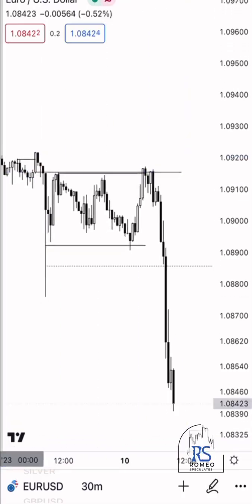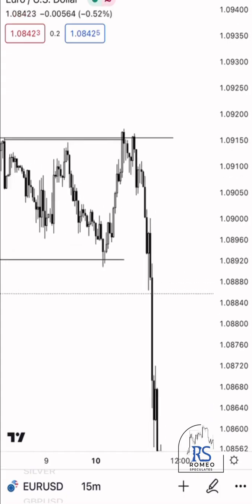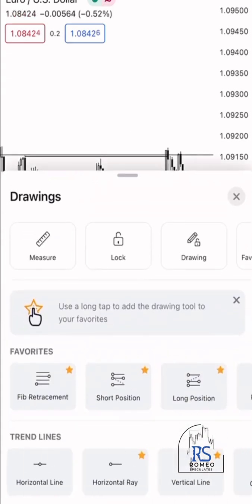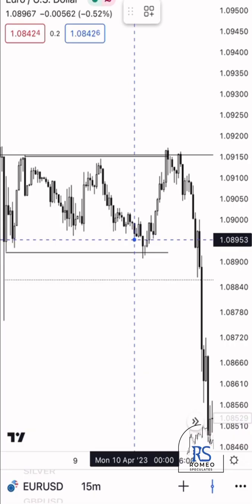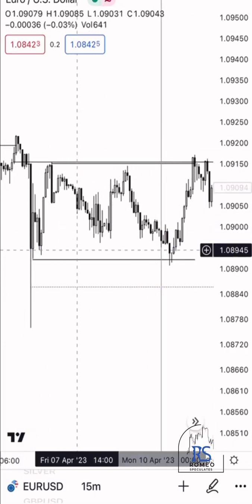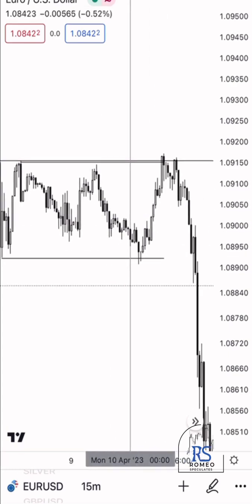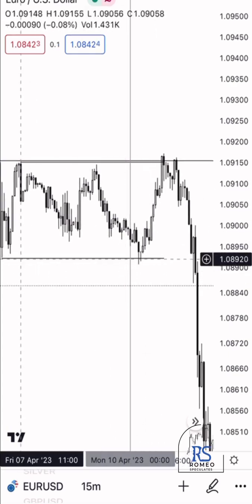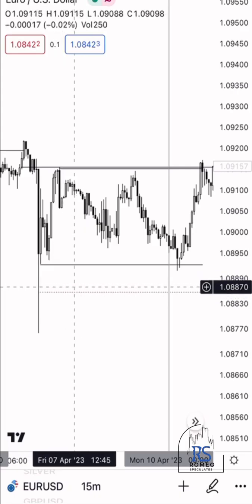Right? 15, so midnight open. We had accumulation over here, generating interest on both sides of the range. Accumulation, quick stop hunt. So we didn't purge these lows, right? We left behind this liquidity pool right here.